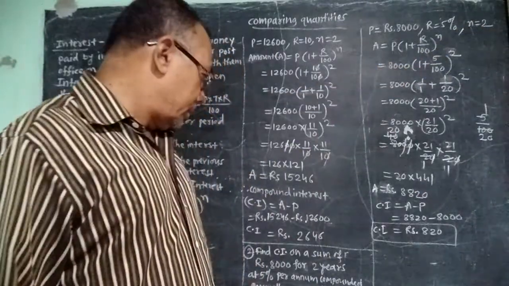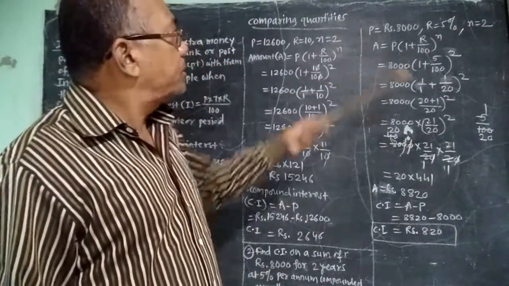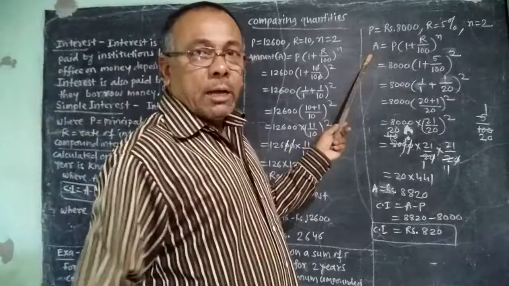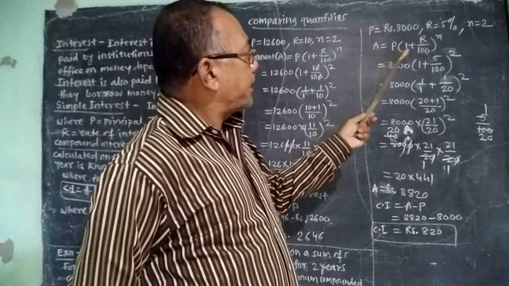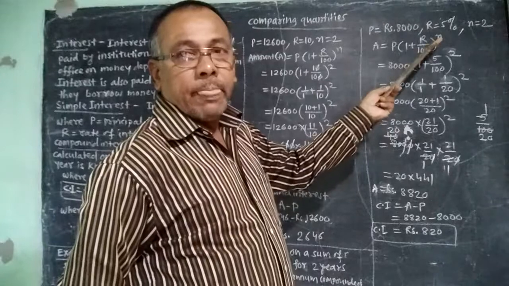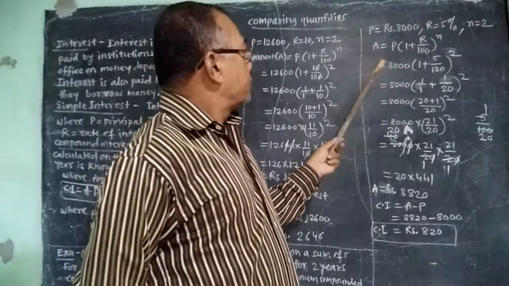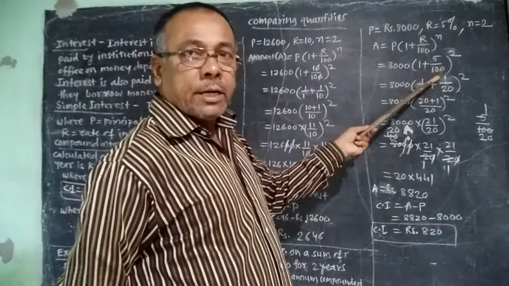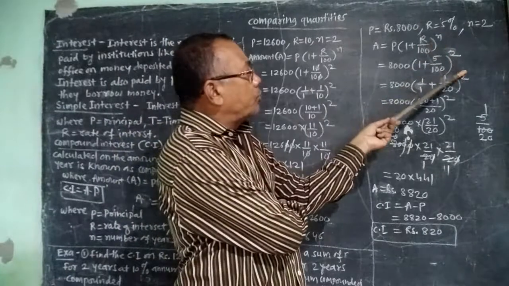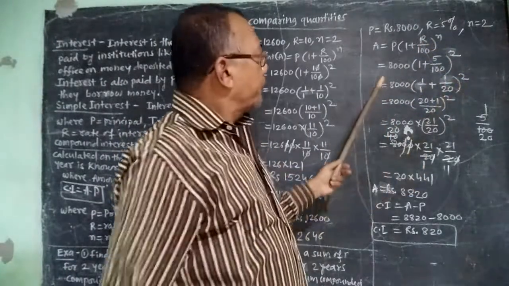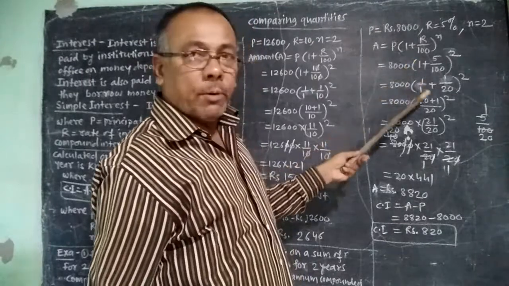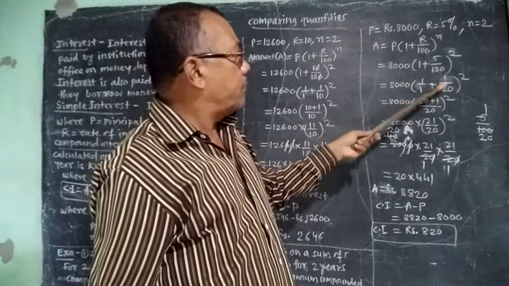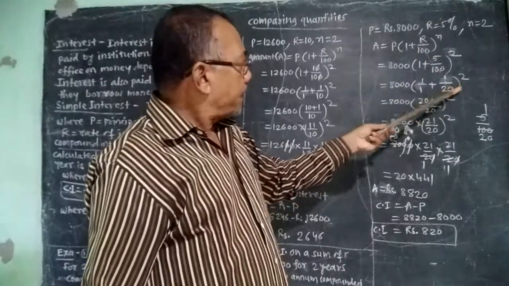Here since it is compounded annually, there is no change in the values P, R and N. Now we know that amount A is equal to P into (1 plus R upon 100) raised to N. So 8000 into (1 plus 5 upon 100) squared, because value of N is 2, R is 5. And now 8000 into (1 plus, here after reduction of 5 and 100 we will get 1 upon 20) squared.